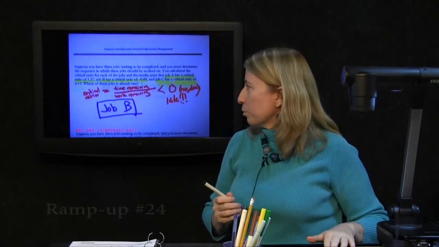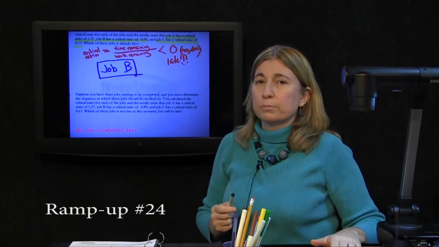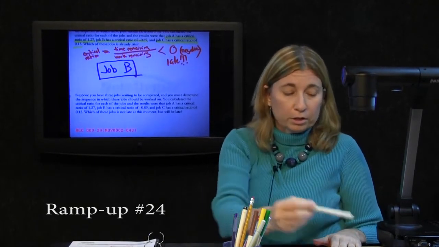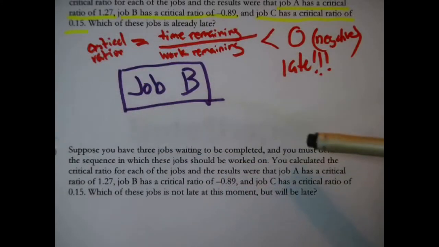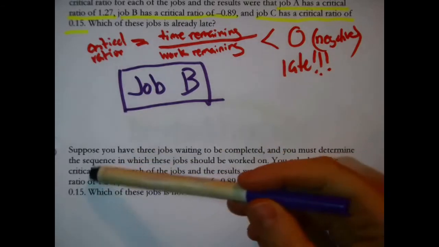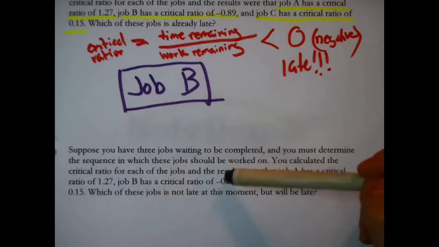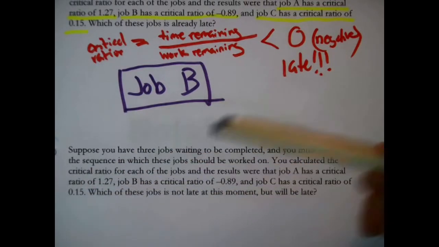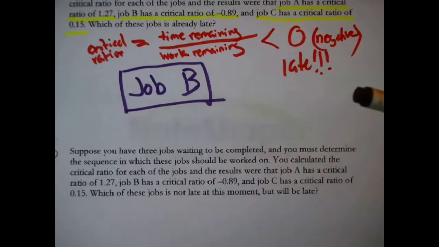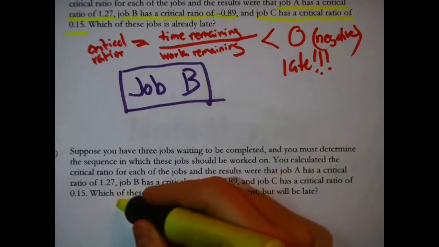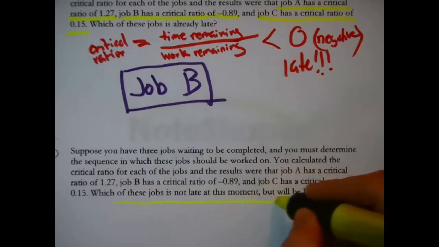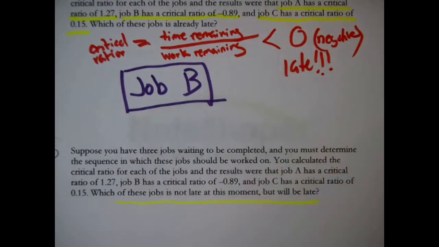The next question is about the same 3 jobs. 3 jobs waiting, you've calculated critical ratio: 1.27, negative 0.89, and 0.15. The question's different though. It's asking about a different signal. Which of these jobs is not late at this moment but will be late?